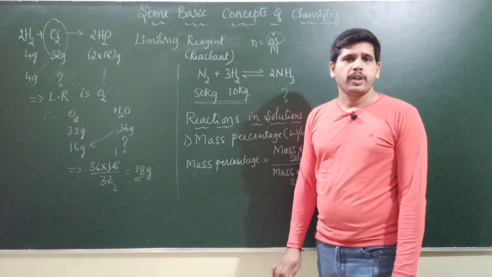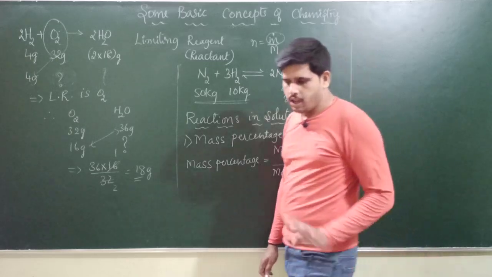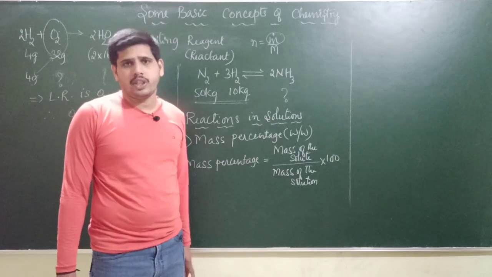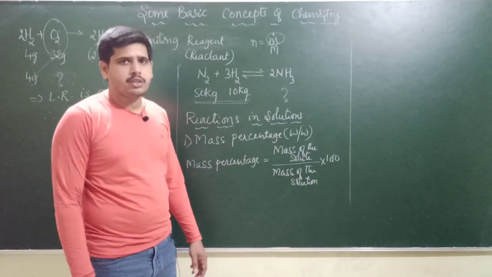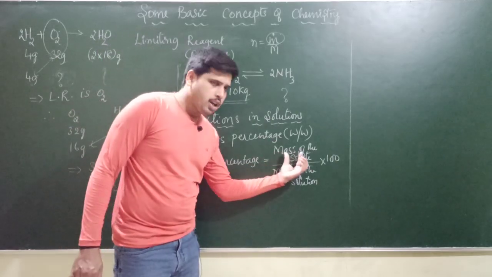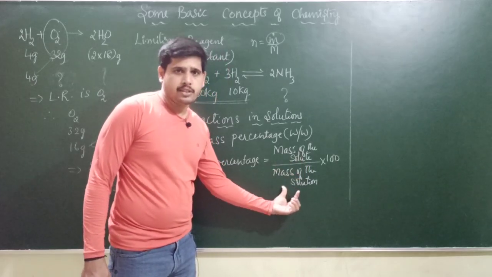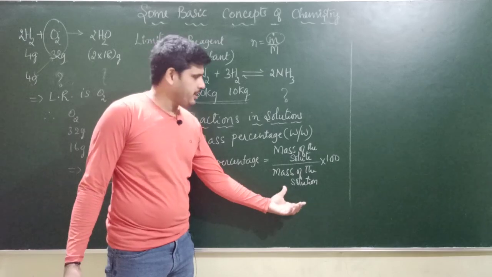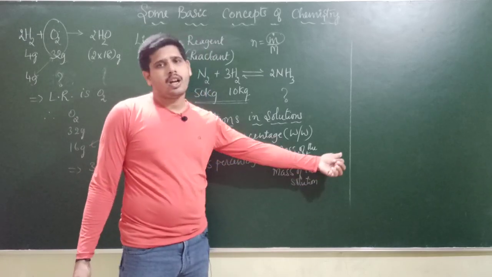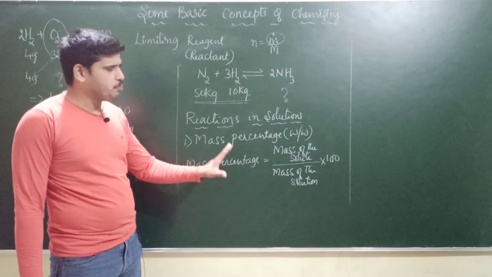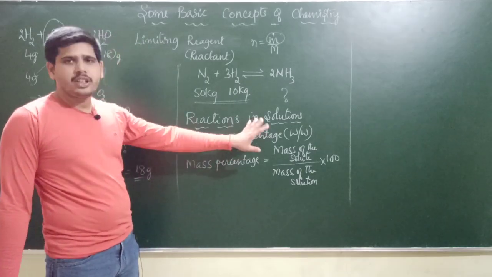What is the mass percentage of urea? I repeat, 4 grams of urea dissolved in 60 gram of water. Calculate the mass percentage. Can't you do this? Yes. How? Solute is urea, so 4 divided by 60. So simple, right? So 1 by 15 into 100. That will be the mass percentage of urea. So it is a very simple unit to express concentration.